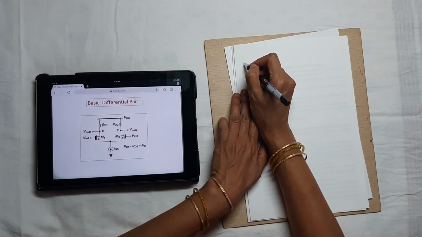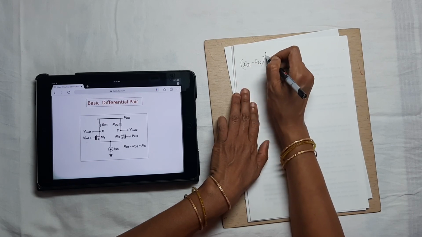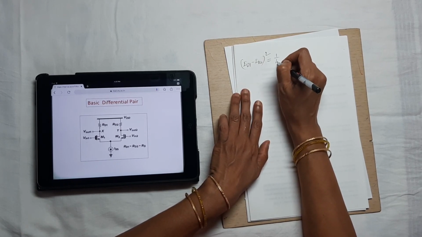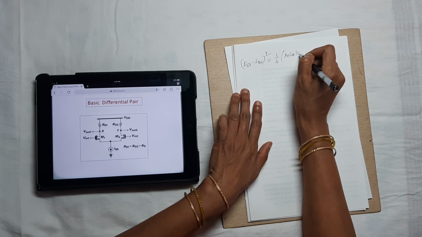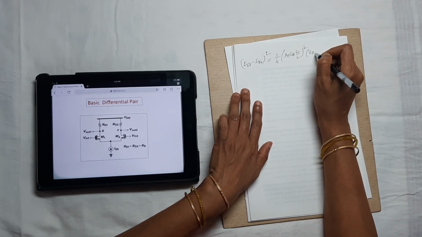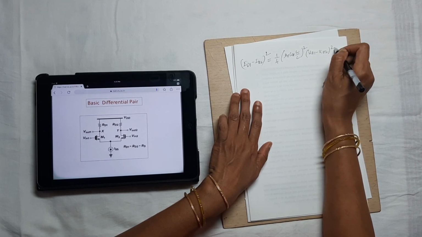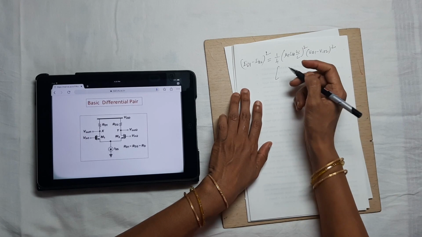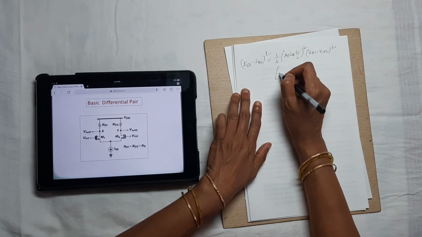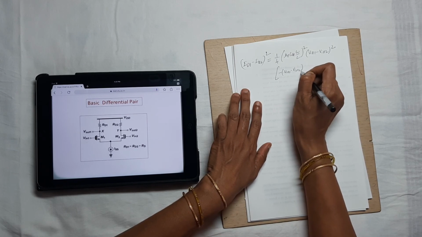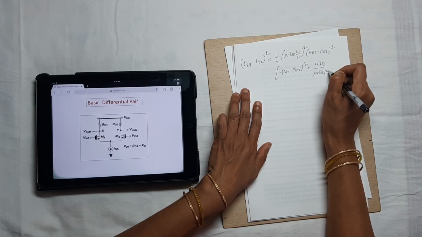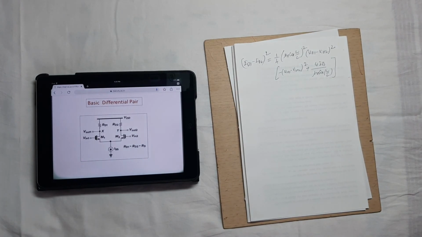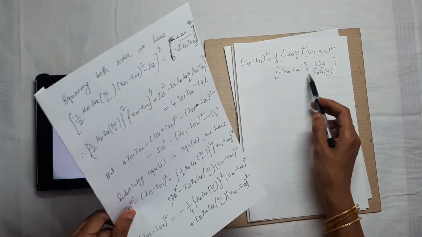The next step would be id1 minus id2 whole bracket square is equal to 1/4 (mu n Cox W by L) whole bracket square (V in 1 minus V in 2) whole bracket square into bracket, it is the same continuation of the same expression, minus (V in 1 minus V in 2) whole bracket square plus 4 ISS divided by mu n Cox W by L. It is just taking the common factor and remaining right as it is.